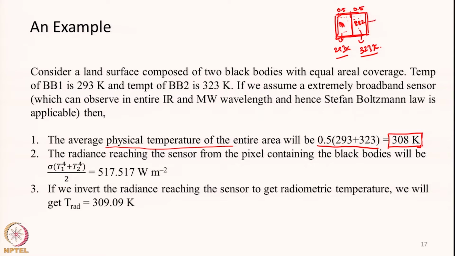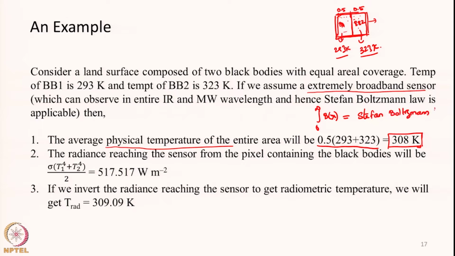Now, let us compute this using remote sensing principles. As I told you, for the sake of explanation, I am going to observe this area using an extreme broadband sensor which can observe in wavelengths of 0 to infinity. We all know Planck's function. Essentially we will use Planck's function for calculating radiance. When we integrate Planck's function from 0 to infinity, we get the Stefan-Boltzmann law, like I told you in the initial classes.